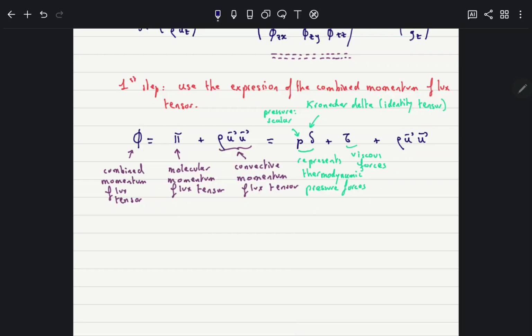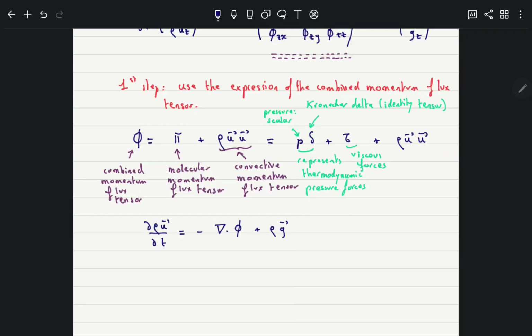So we start again by writing our equation of motion. Dou u over dt equals negative divergence of our combined momentum flux plus rho g.